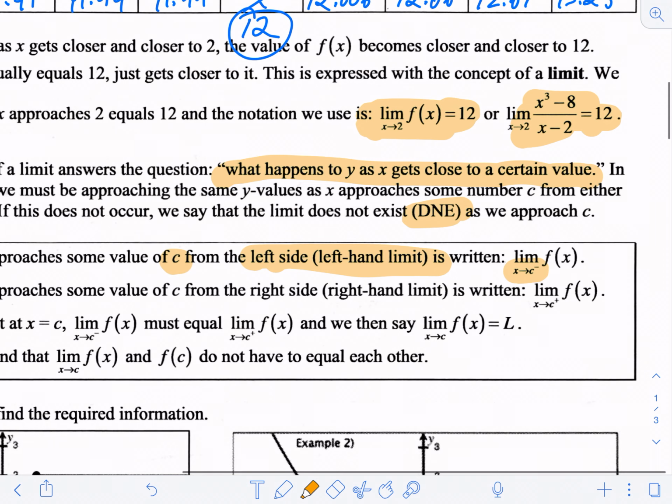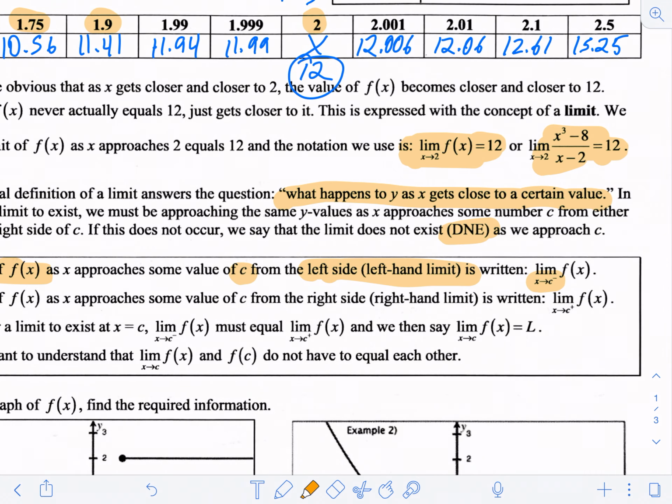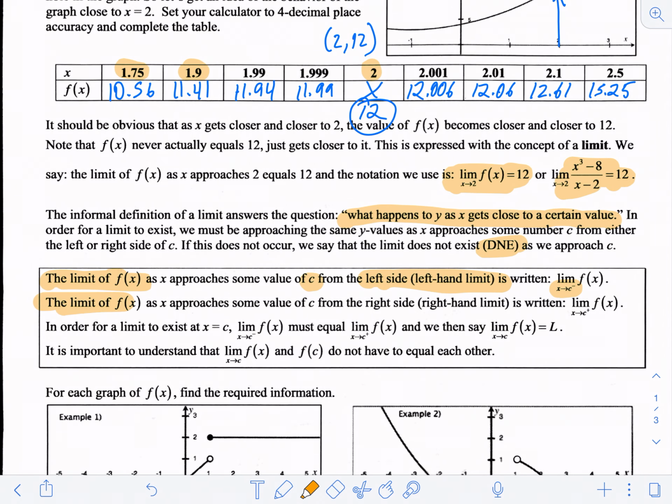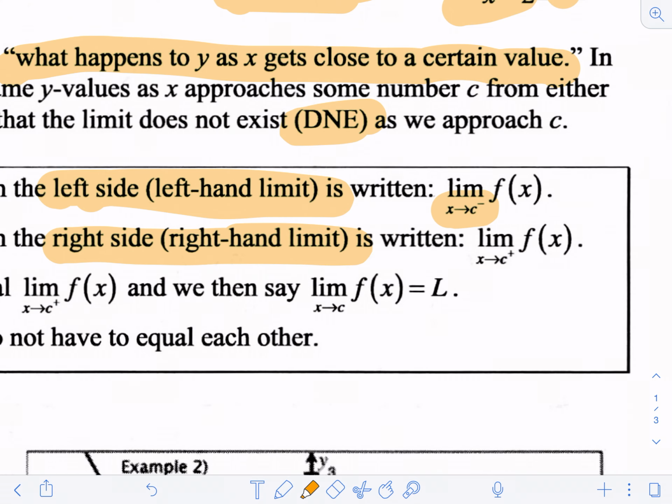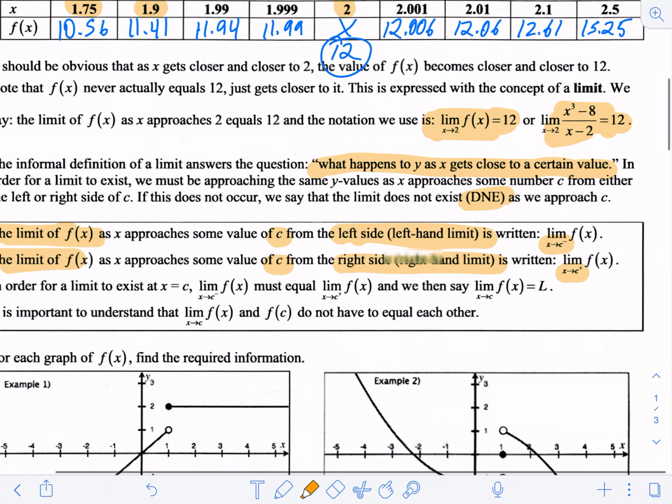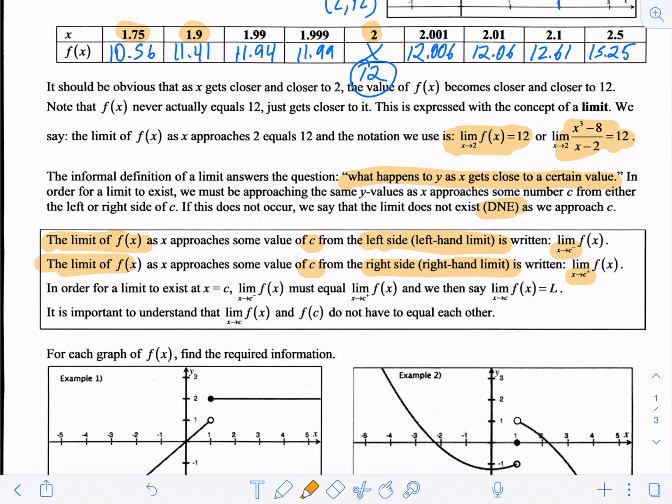And then likewise, we're going to look at the limit of f of x for some value c as it approaches from the right-hand side, and we're going to say that is as x approaches c with a plus symbol. Those could be two different values, or they could be the same value. If we look at the overall limit at x equals c, we have to look at the left-hand side limit and the right-hand side limit.